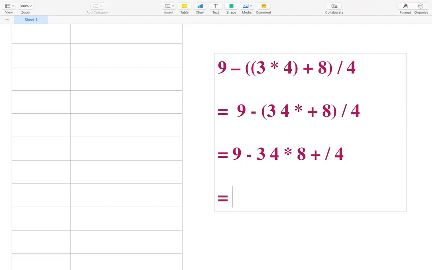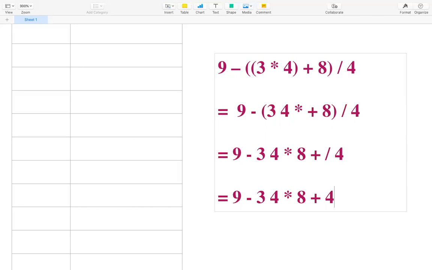I think you are following it given the last part of my lecture where I have already discussed it. So now I have two operators, minus and division. Division has more precedence over minus, so I will be first doing that part.